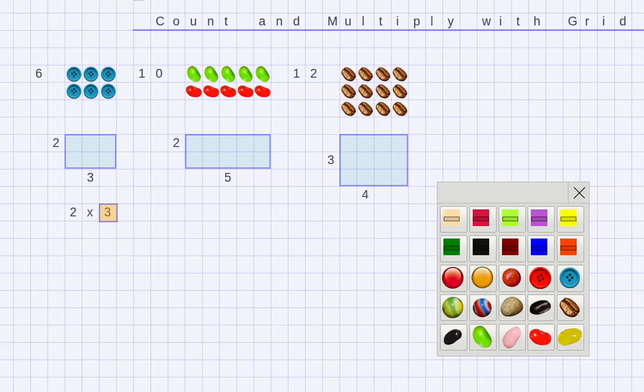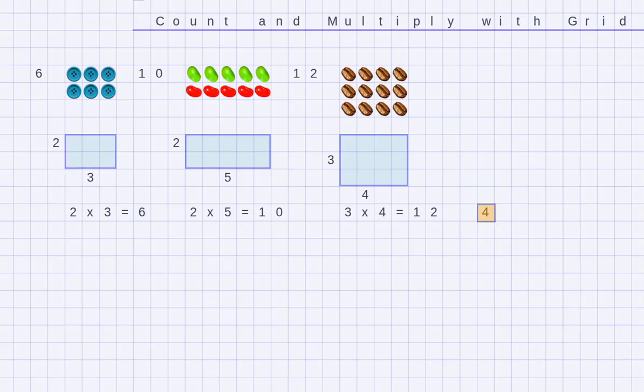So 2 times 3, or 2 rows of 3, is 6, and 2 times 5 jelly beans is 10 jelly beans. 3 times 4 is 12, or a dozen.